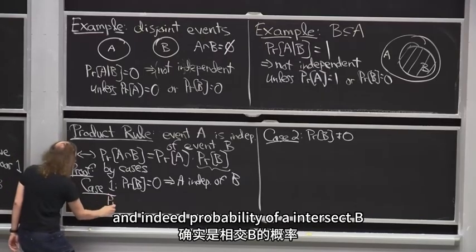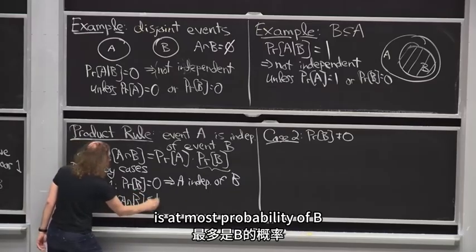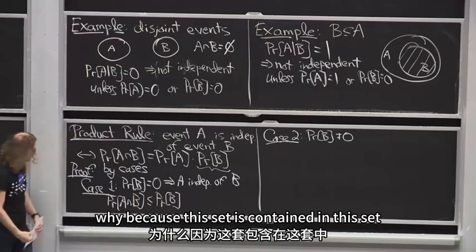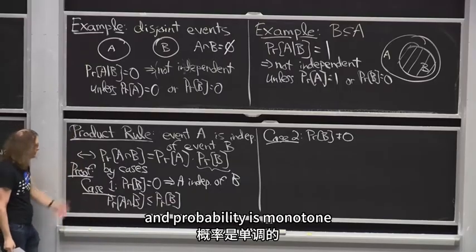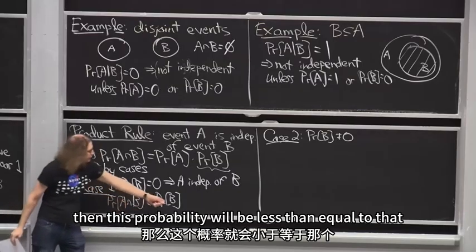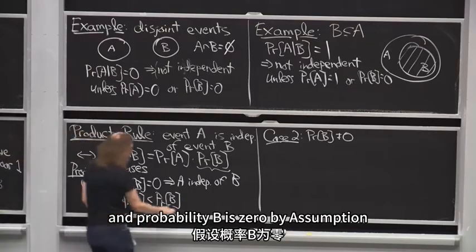And indeed, probability of A intersect B is at most probability of B. Why? Because this set is contained in this set. And probability is monotone. If you take a smaller set, it contains all the elements of this set, then this probability will be less than or equal to that. And probability of B is 0 by assumption.